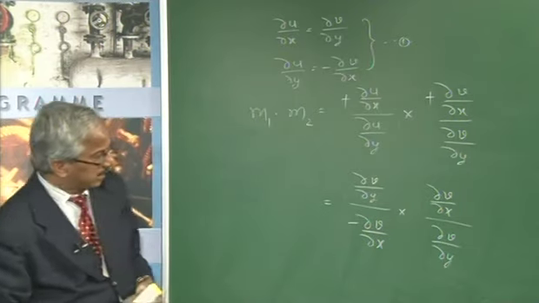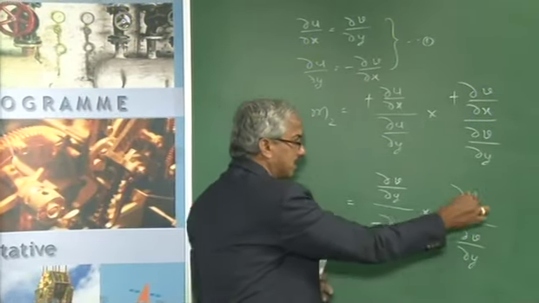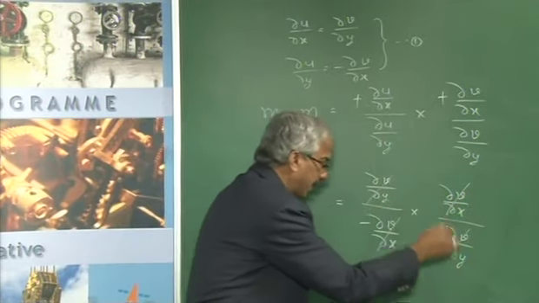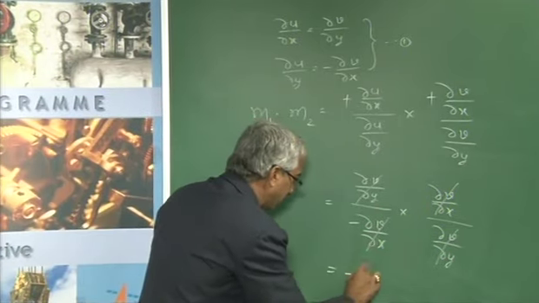You see that the common terms cancel each other. That is, dou v by dou x cancels, and dou v by dou y and dou v by dou y cancel. Then what is left? Here there is a minus, therefore I get minus 1.